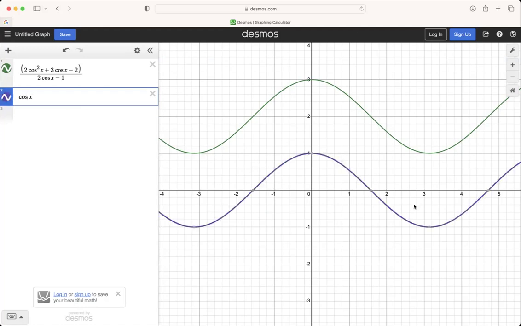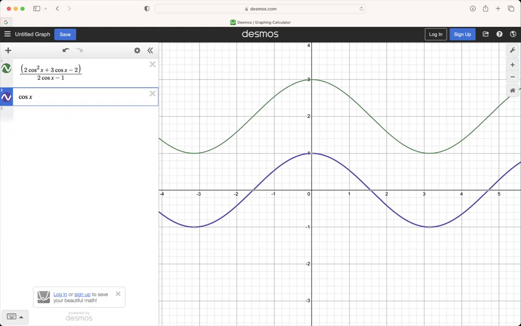If you take a look at just cosine of x, this is the behavior of cosine of x. You're shifting the cosine 2 units up. So if you graph cosine of x plus 2, this is exactly the same as the simplified version of this rational function. This is what we saw in our algebra.